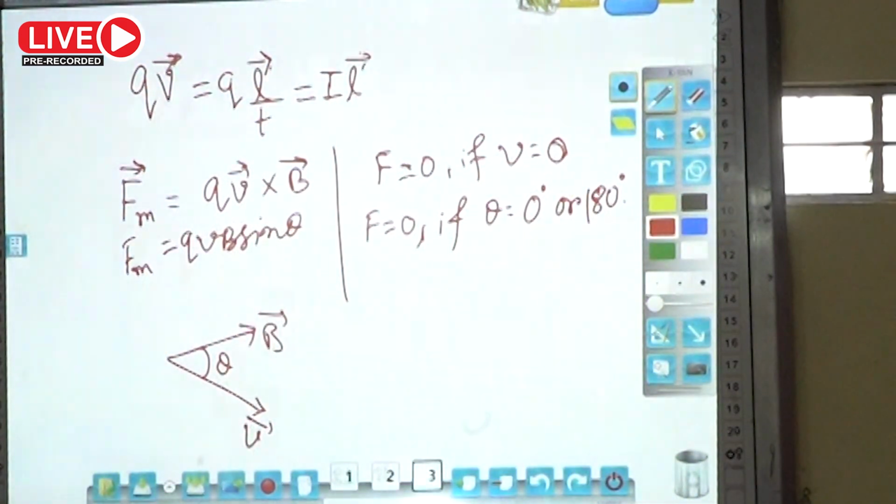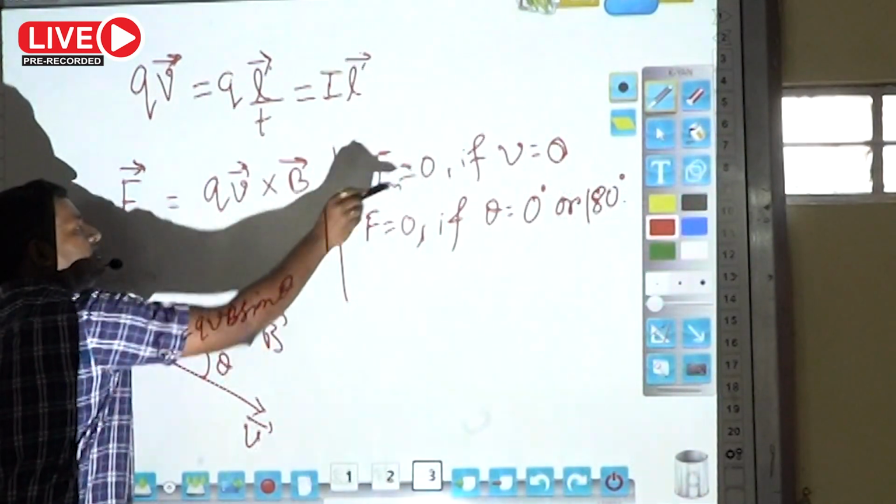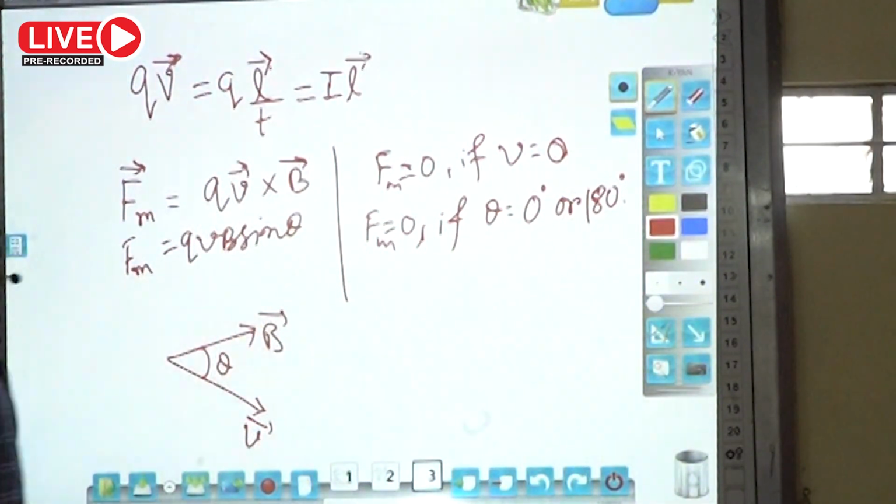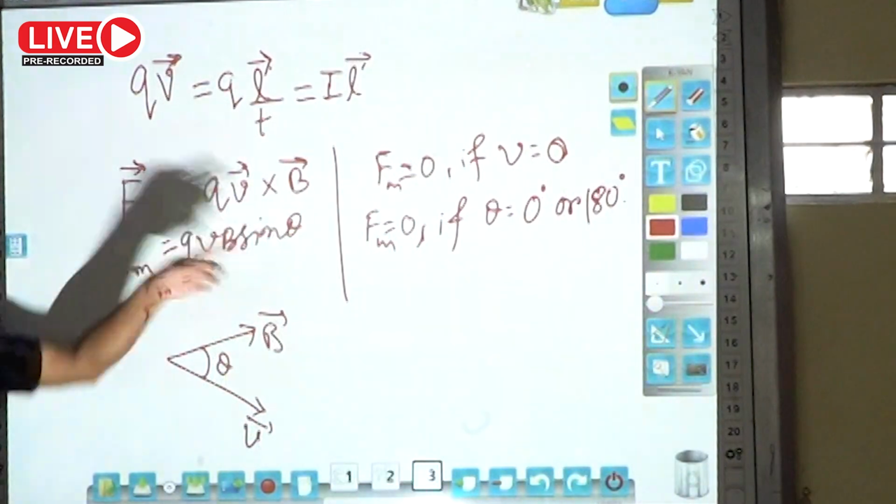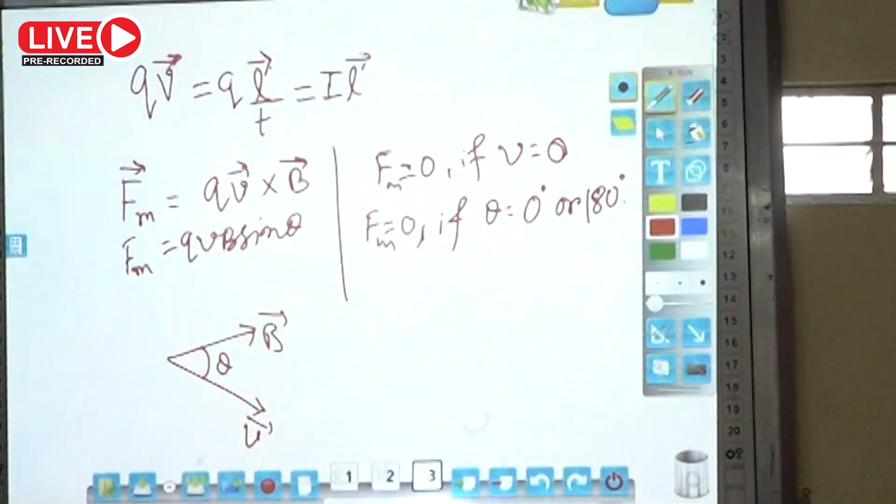Okay. So I should write here Fm, this one will be 0. Fine. So 0 degree means the magnetic field vector and the velocity vector of the test charge are parallel to each other or anti-parallel to each other. In this situation, there will be no force. And in which situation will the force be maximum?